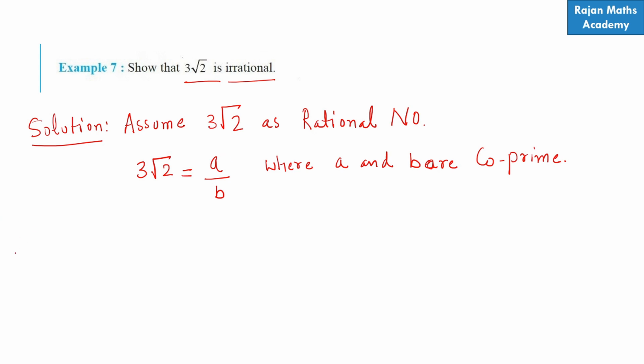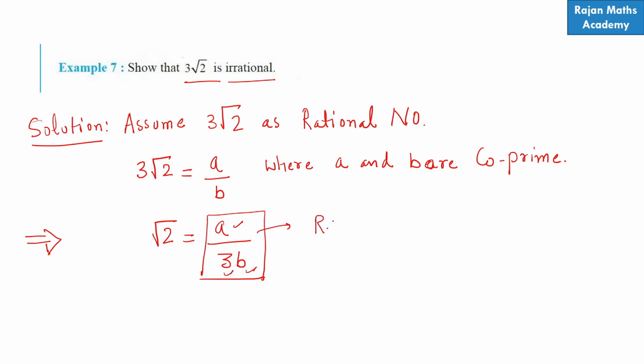So take root 2 on one side, it is equal to a divided by 3b. See RHS: a is an integer, b is an integer, 3 is an integer. So RHS, a by 3b, is a rational number.